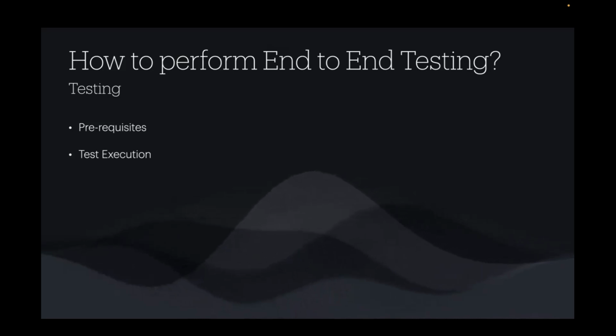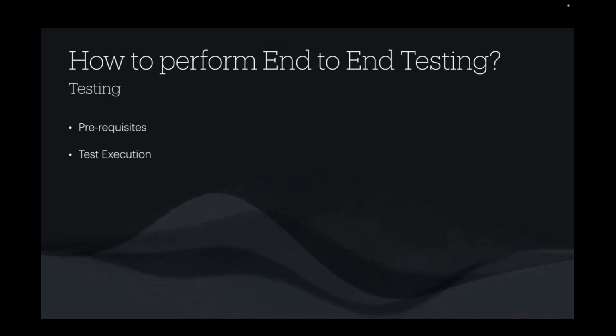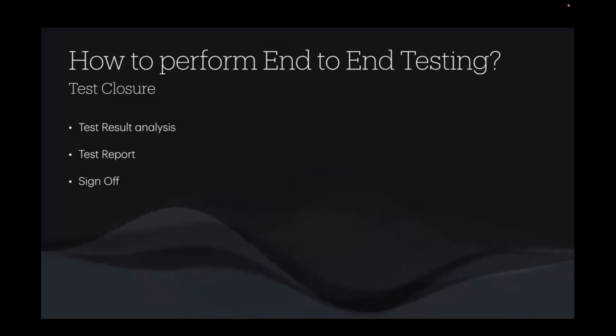In this stage, the testing team executes the test cases, reports bugs in case of test failures, retests the bugs once they are fixed, and reruns all the end-to-end tests to ensure all tests are working as expected. Once the test execution is complete, we come to the test closure phase.